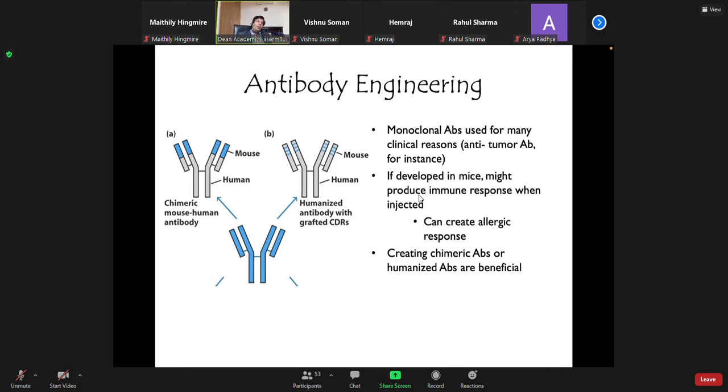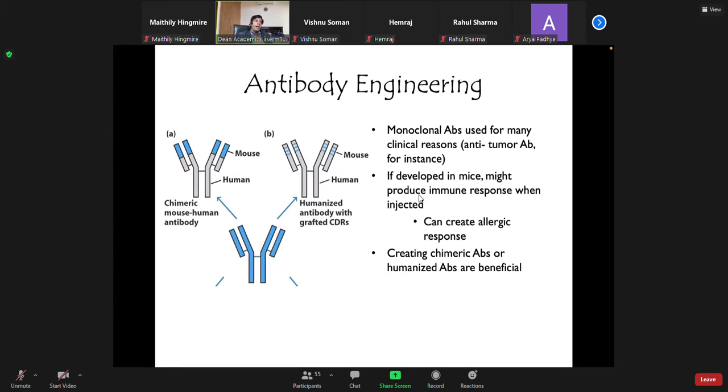Because sometimes you have to increase, as Vishnu pointed out, the production, the yield. That's one. Second, sometimes you have to make it more stable, so that it can resist biophysical and biochemical conditions which are not favorable for proteins to work, right?